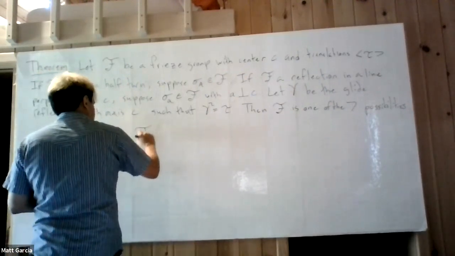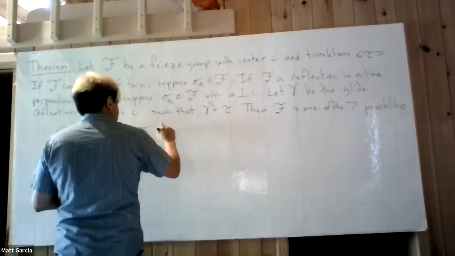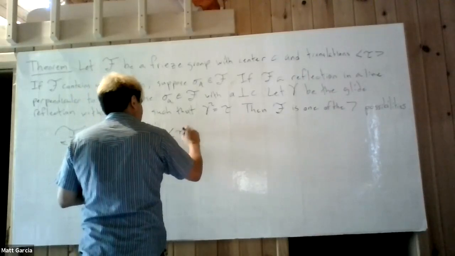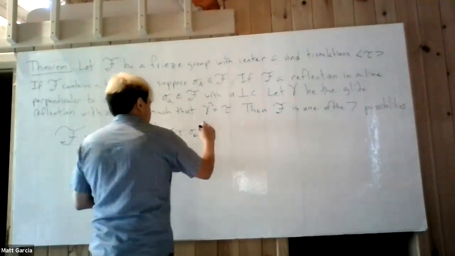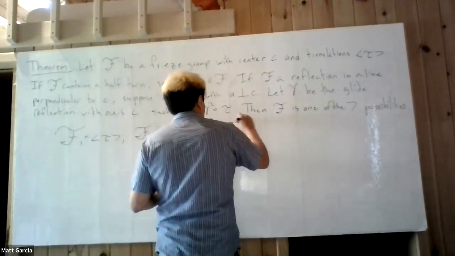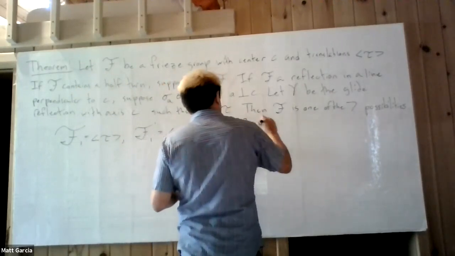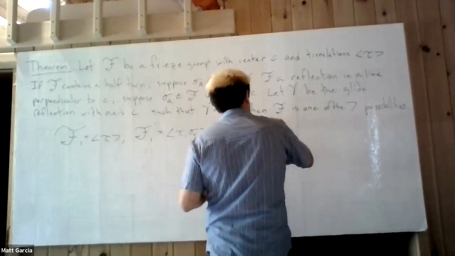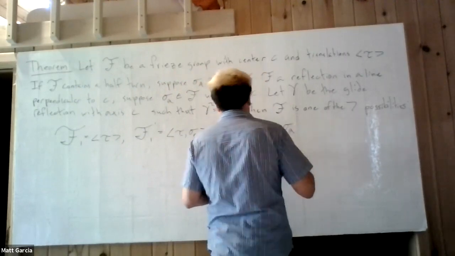We have F11, which is the group generated by tau and sigma C. I have F12, which is the group generated by tau and the reflection sigma A.